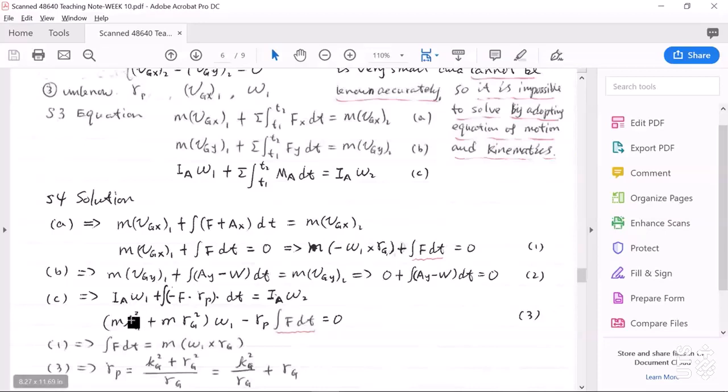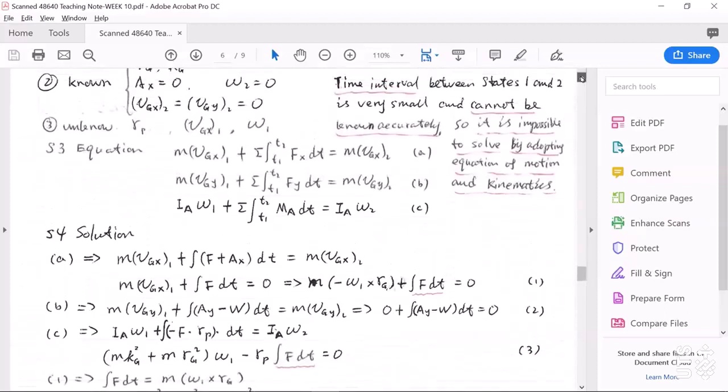IA omega 1 can be expressed in this way using omega 1, kg, and rg. And here we use parallel axis theorem to calculate IA. In the middle, this one, the angular impulse about point A.